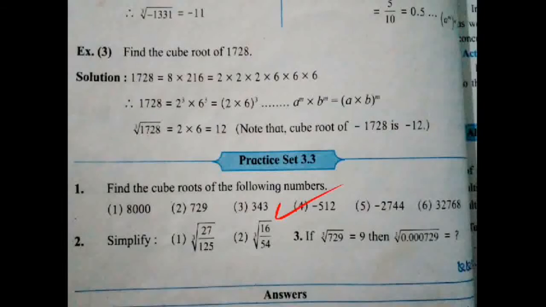Next, minus 512. Divide the number 512 by 2. I have already divided the number 512 by 2. I am getting quotient 256. That is 2 into 256.